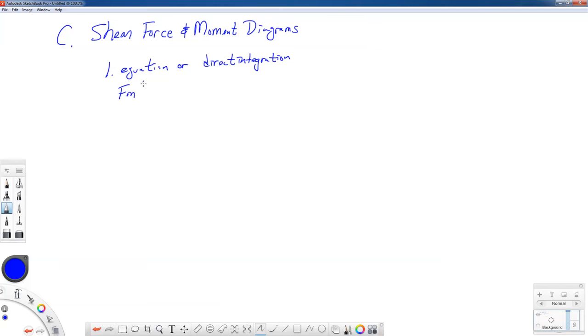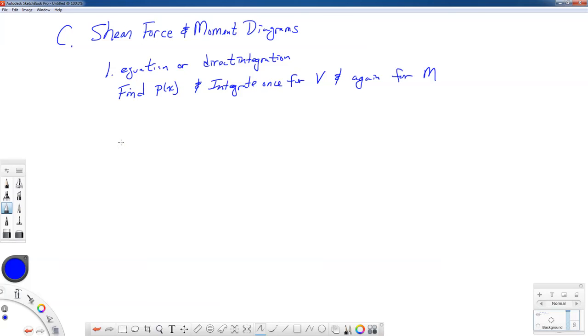So let's just outline this. We find our p of x, integrate once for V, and again for M.